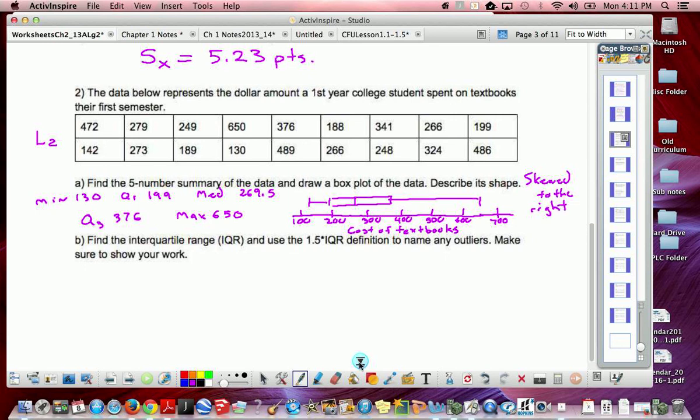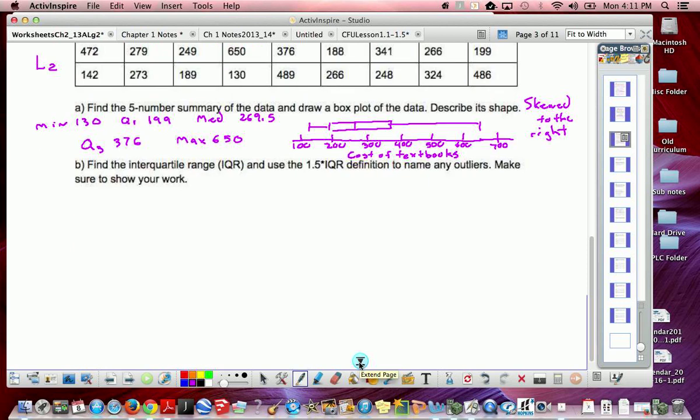All right, the last one here in part B, it says find the interquartile range. Again, the interquartile range is equal to Q3 minus Q1. So in this particular case, 376 minus 199, which is 177.